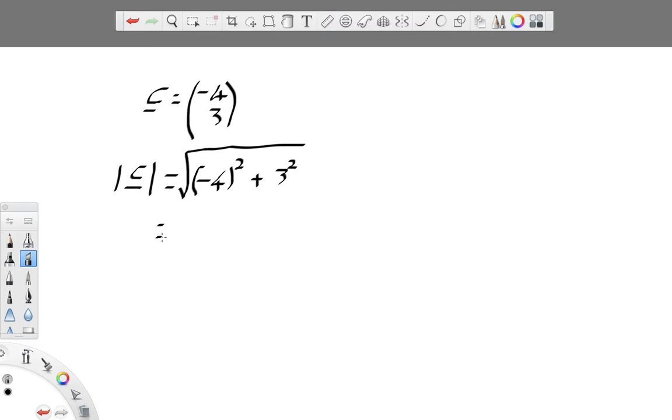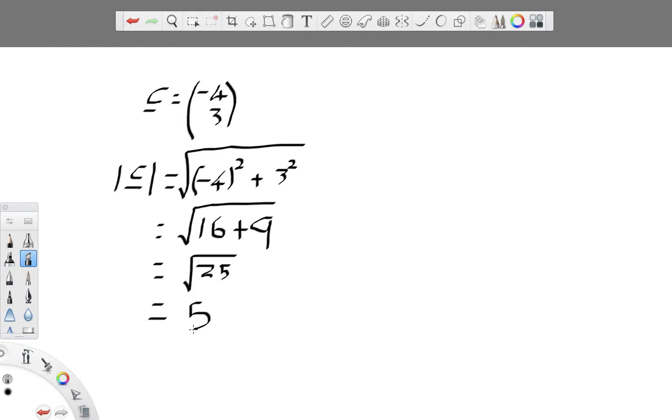Minus 4 squared, well, minus 4 times minus 4, that's 16. And then 3 squared is again 9. So it's the square root of 16 plus 9. We've already looked at a sum like that, so it's the square root of 25. And that is, of course, 5.